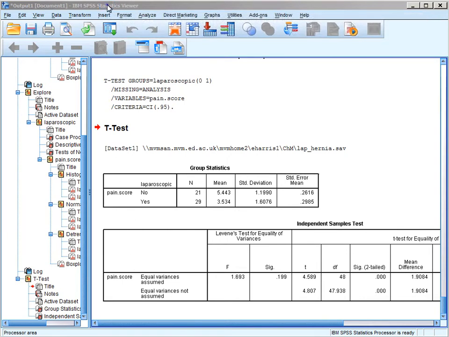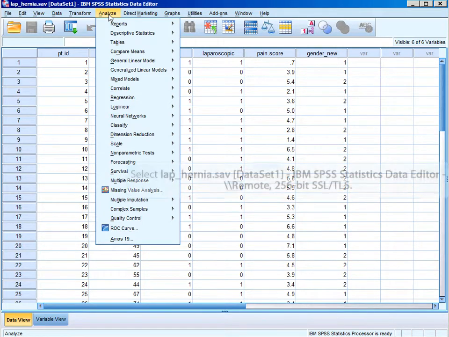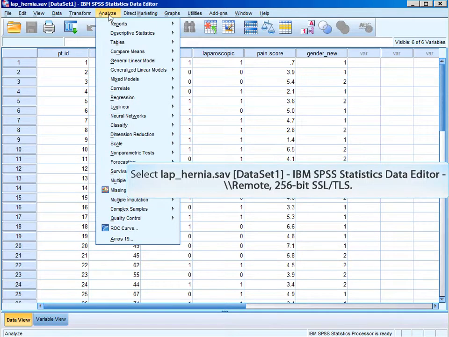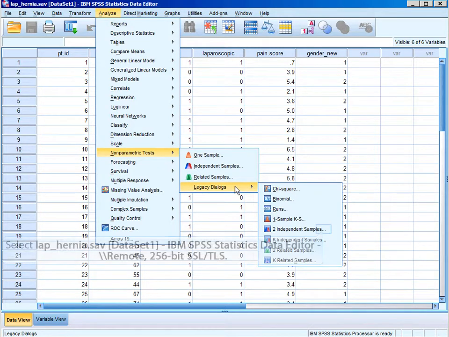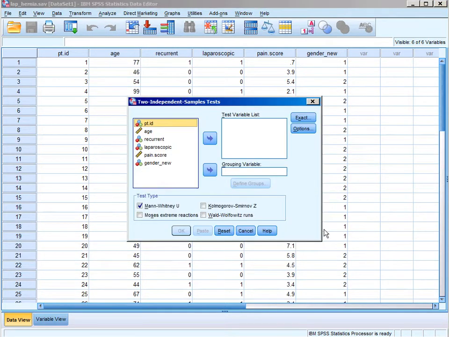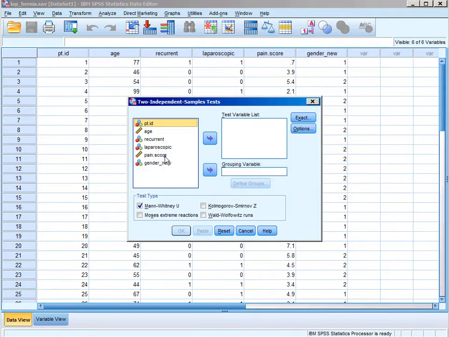So go back to the data, Analyze, down to Nonparametric Tests. In this version of SPSS, you now have a kind of fancy interface that you can do it with by hitting Independent Samples there. I find that quite complicated to follow, so I would suggest using the traditional Two Independent Samples, which is under Legacy Dialogs, and that will give you a similar box to the t-test box.